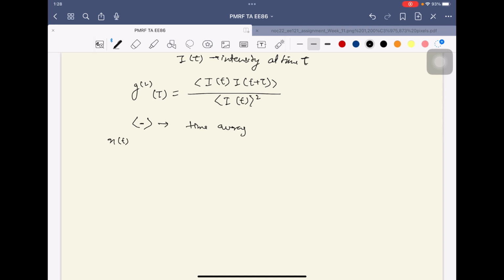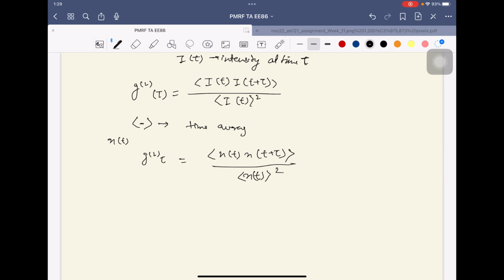So we can write this classical definition of g2(tau) as the average of n(t) and n at t plus tau, divided by the time average of n(t), squared. So what is the physical meaning of this one?